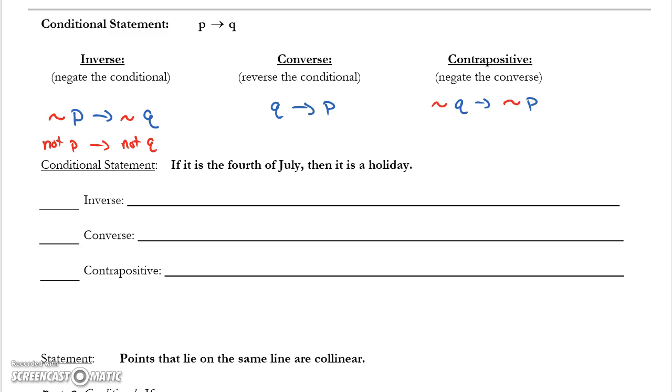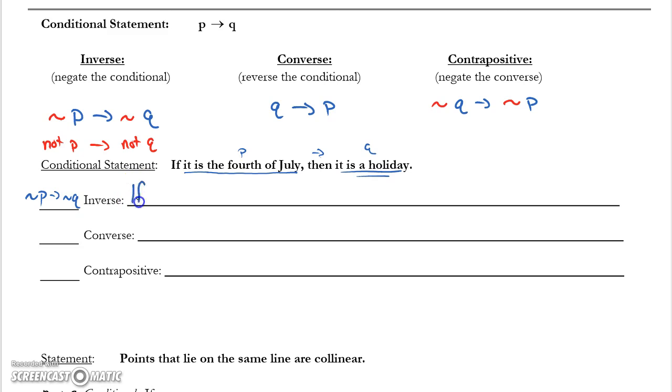Now let's look at the first example of that. If it is the 4th of July, it is the 4th of July being P, then it is a holiday, Q. So my inverse, we said, is not P then not Q. So my symbols I'll put over here as a way to remind me of what I'm doing. Well, that means negate your original hypothesis.